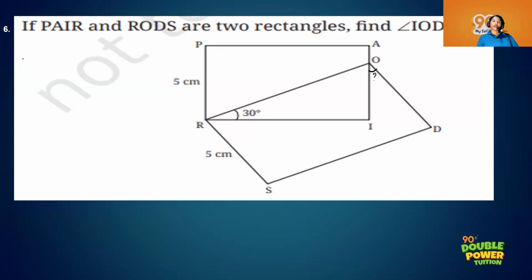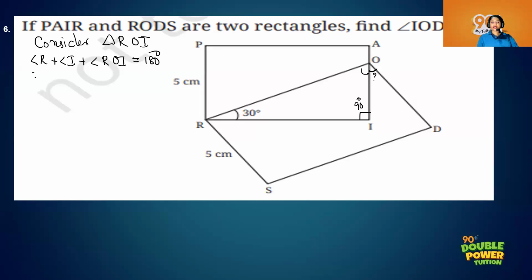No. Now listen here. First, we are going to consider the triangle ROI. This is that triangle. Here, this is 90 degree because it's a rectangle, right? So angle R plus angle I plus angle ROI is equal to 180 degree, because the sum of the interior angles of a triangle is 180.